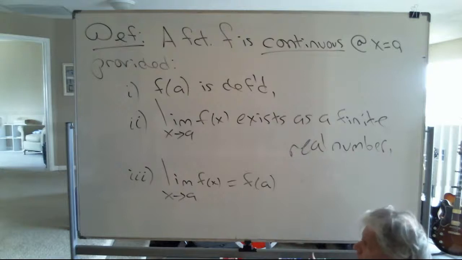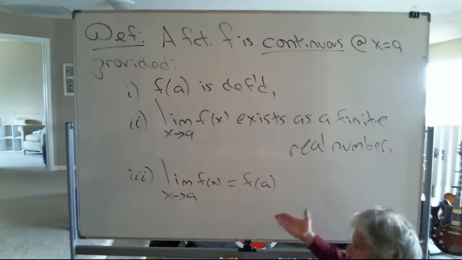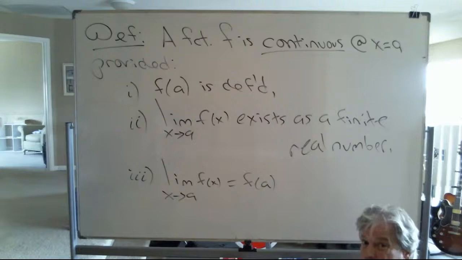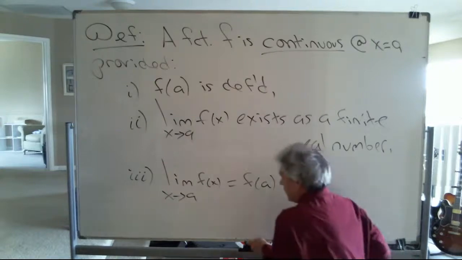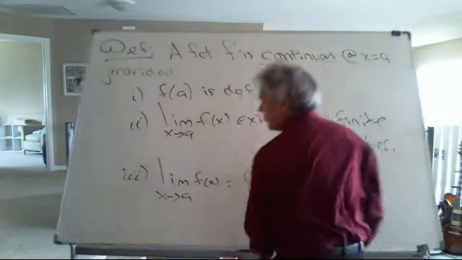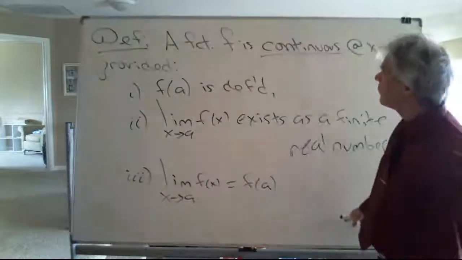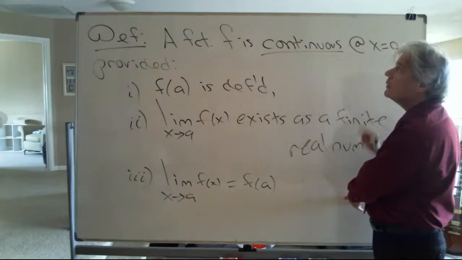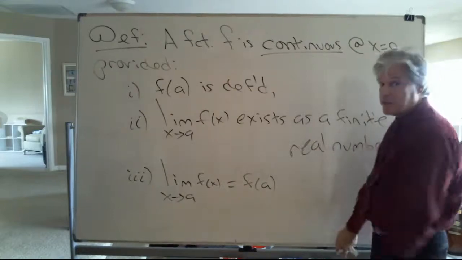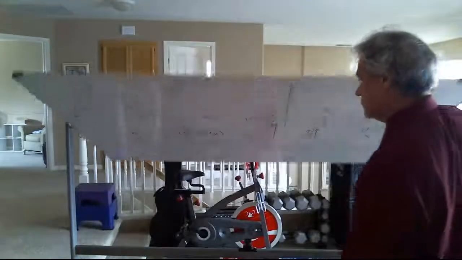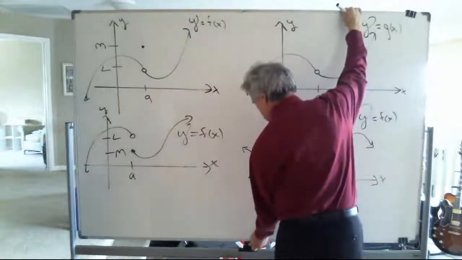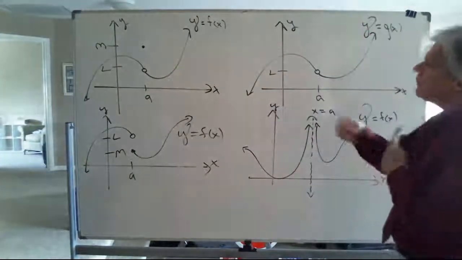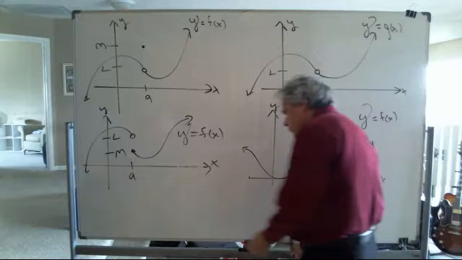Now, I could have given you this definition without parts 1 and 2 because this statement down here kind of implies both of them as well. So let me visually illustrate. Oh, by the way, if this is not a true statement, I will say that f is not continuous, or discontinuous, at x equals a.